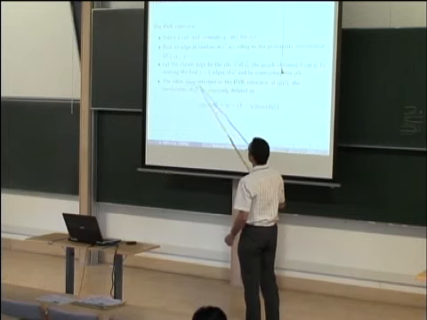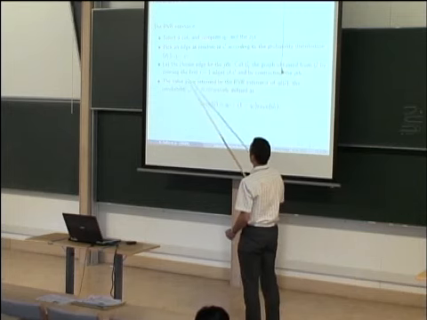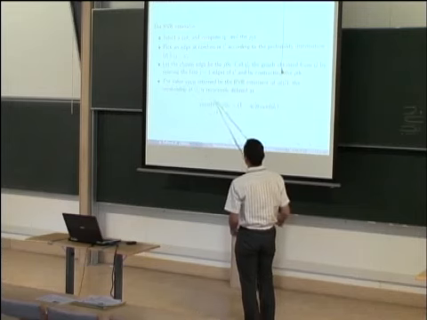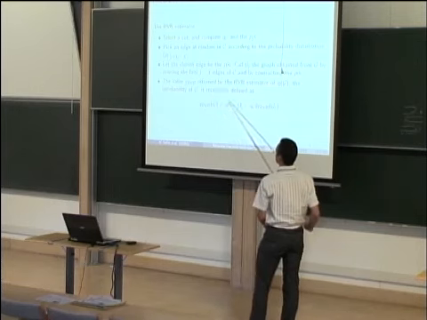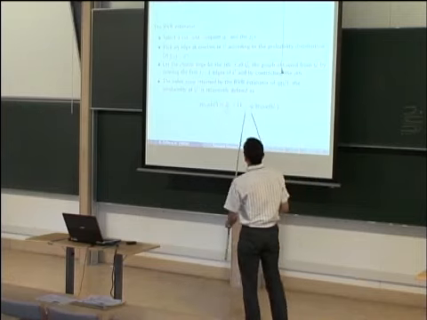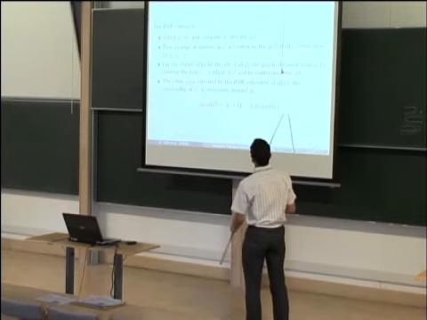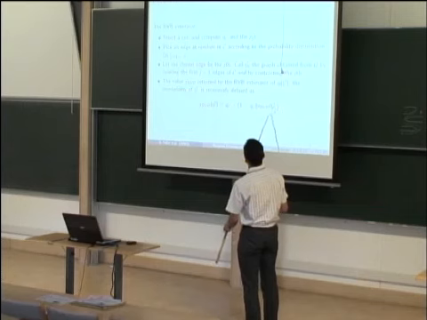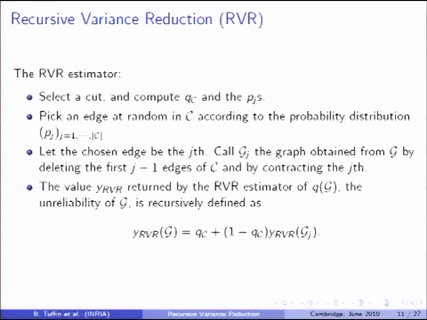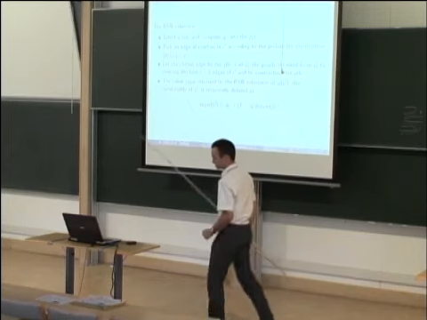The value Y of the estimator using recursive variance reduction, Y RVR of the graph, is the probability of the cut set QC plus 1 minus QC times the estimator obtained for the new graph where we have contracted the jth link, and where we have removed the j minus 1 first links of the cut set. And we can apply it recursively by also working now on this reduced graph.